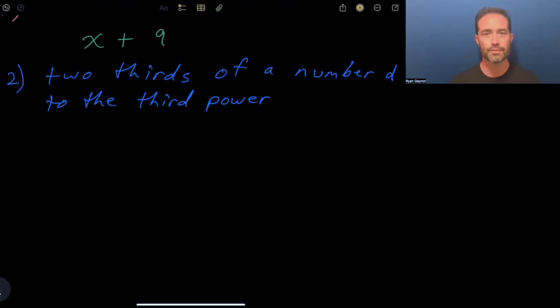So we're going to use the variable d. Okay. When it says 2/3 of, okay, is a keyword for multiplication. 2/3 of d. So we will write 2/3, and you could put a little dot if you wanted to. That symbol is multiplication as well. So 2/3 times d.